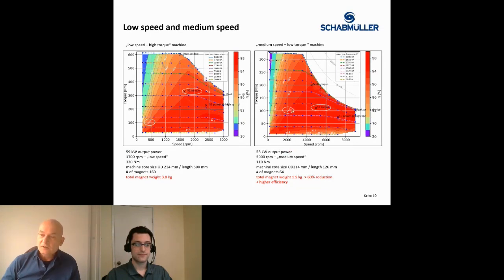That's why I was pointing to the fact that this machine has the better efficiency. Of course, adding a gearbox will lower your overall efficiency again, and also the gearbox has a cost, sure. But this is a good way to reduce magnet material, at least.